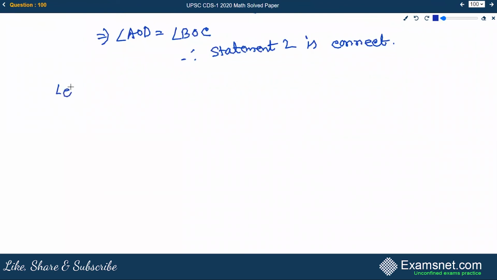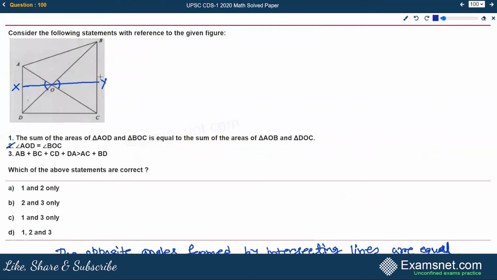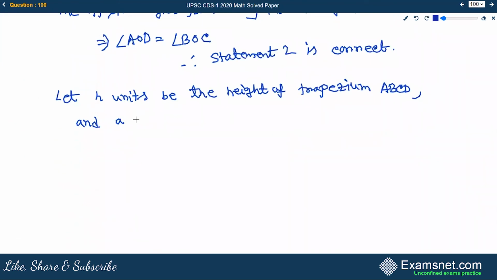So let H units be the height of trapezium ABCD, and let AD be A units and BC be B units.